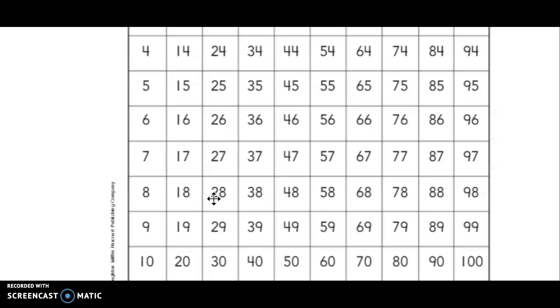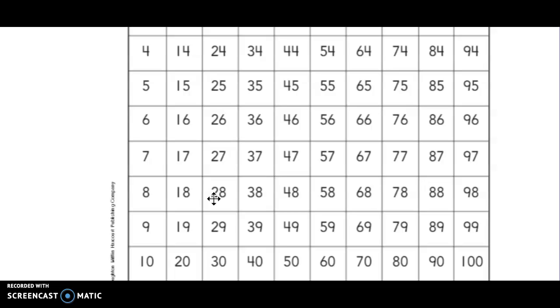Okay, so now is the time where you're going to need your colors. We're going to look for 1s and 10s on the 100 grid on page 231, and you're going to circle the numbers based on the directions that I say. So we want to circle every number with 5 1s with our red crayon.